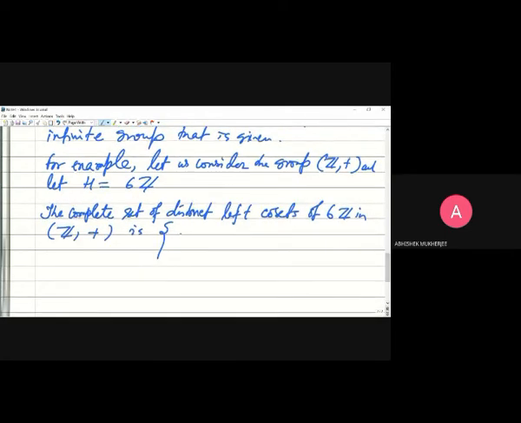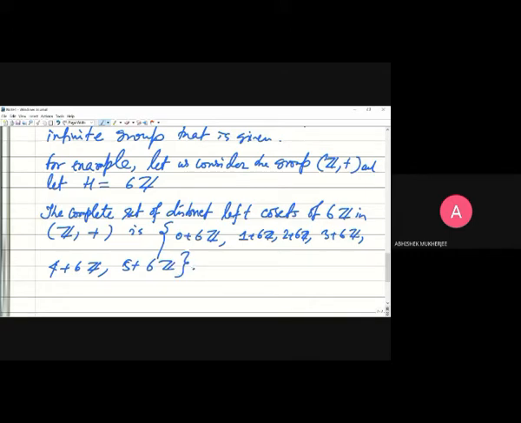The first one is 0 plus 6Z, right? 1 plus 6Z, 2 plus 6Z, 3 plus 6Z, 4 plus 6Z, and 5 plus 6Z, right?